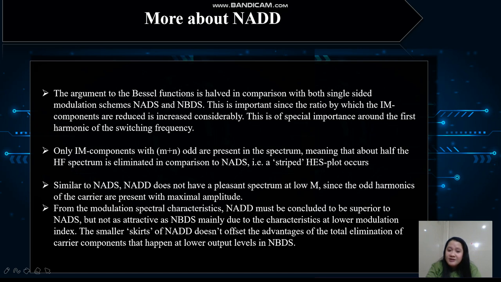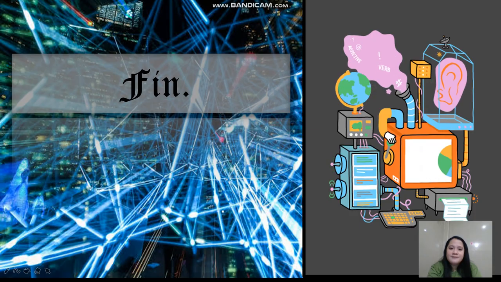Not as attractive as NBDS, mainly due to the characteristic at lower modulation index, the smaller skirts of NADD doesn't offset the advantage of the total elimination of the carrier components that happen at lower outputs level in NBDS. So this is the end.